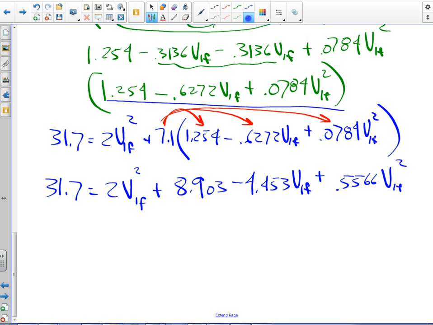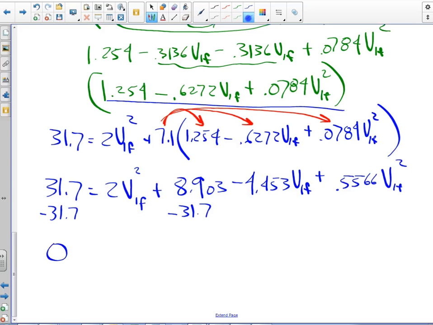There we go. Now, everything's got to get on one side, so we're going to subtract 31.7 from both sides. The only thing it could combine with is the other constant here, so we're going to combine those.